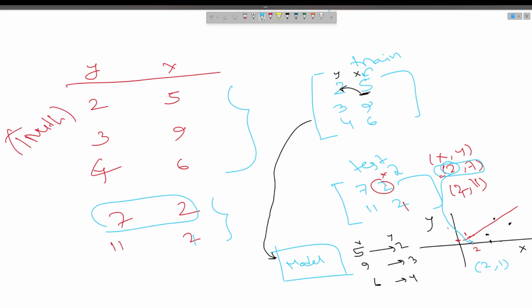For 4 the model might get something like 1.5, but in the real truth it was 11. Our model says for 4 we should have 1.5.